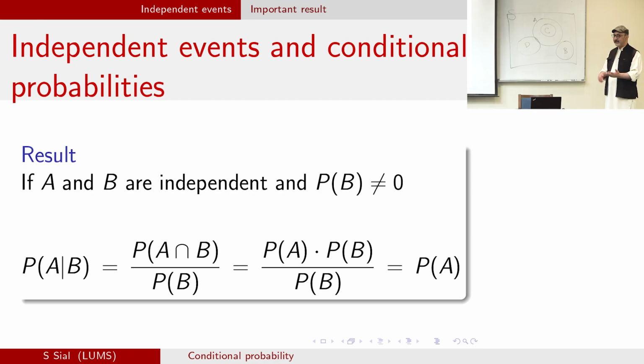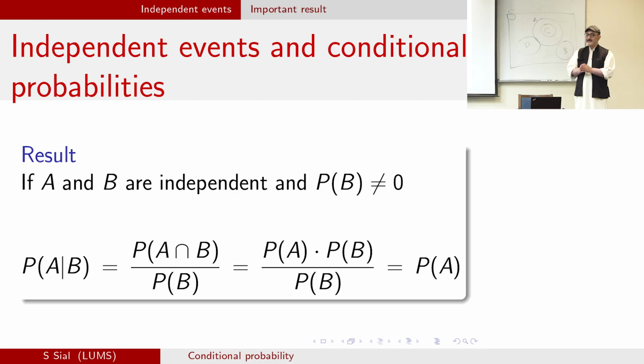The probability of A given B, when A and B are independent events, is the probability of A intersection B divided by the probability of B. But the probability of A intersection B was the probability of A times the probability of B. Now the probabilities of B cancel, and you just get the probability of A. What does that mean?